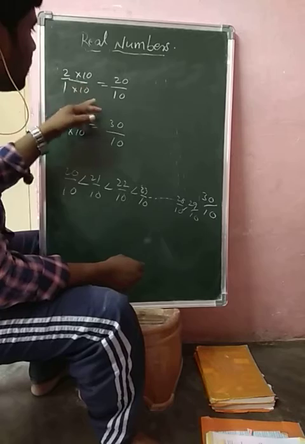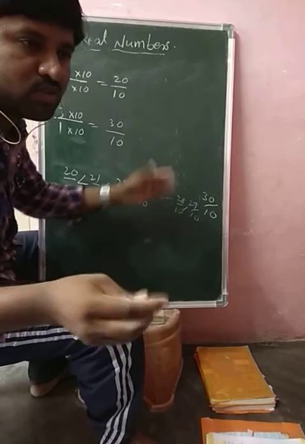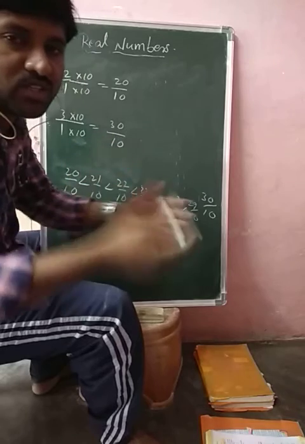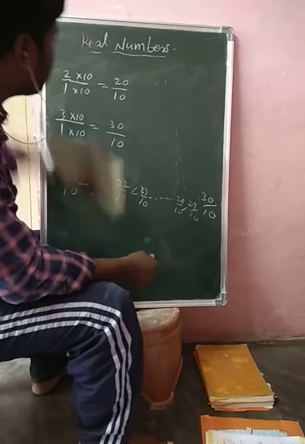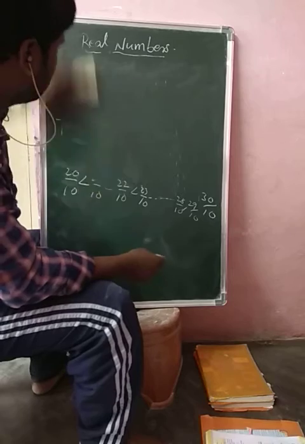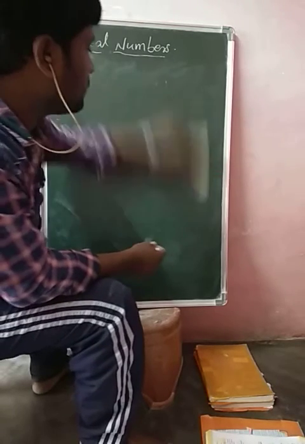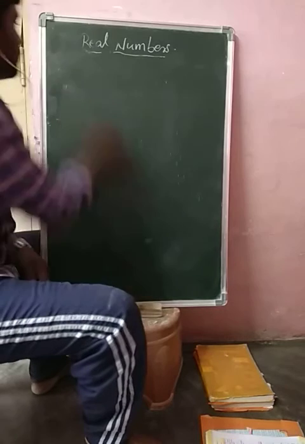Then again you multiply with 100, you will find like this. So in between two rational numbers there exist infinite rational numbers. Now we see the decimal expansion. Decimal expansion of rational numbers.